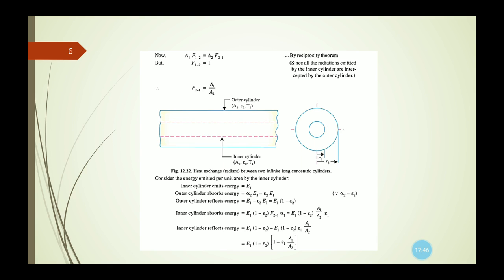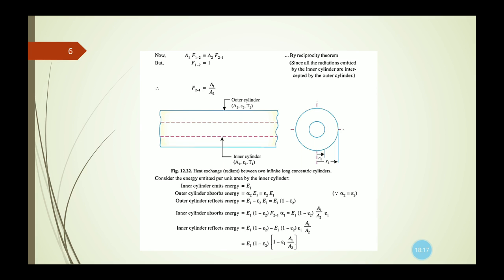Now if we put F12 equals 1 in the reciprocity relation, in that case we can write that F21 equals A1 by A2. So this value of the shape factor F21 we have now calculated, this equals A1 by A2.